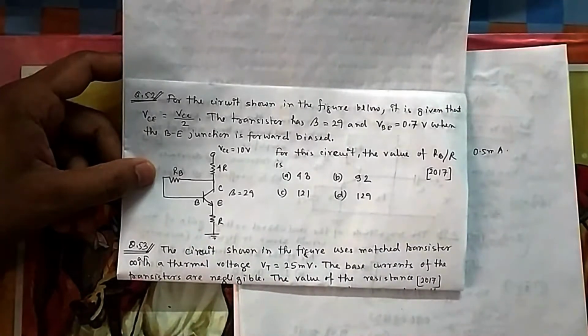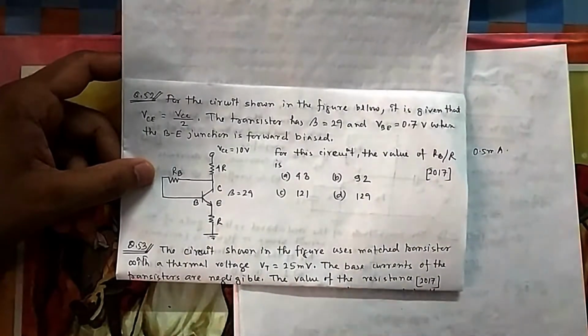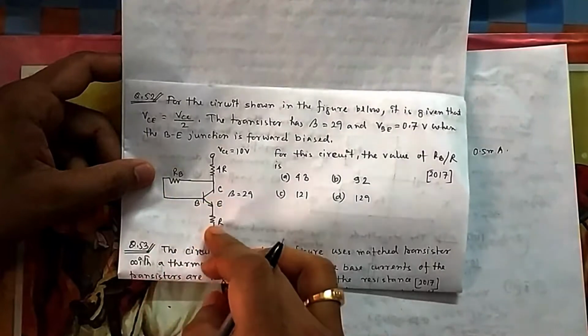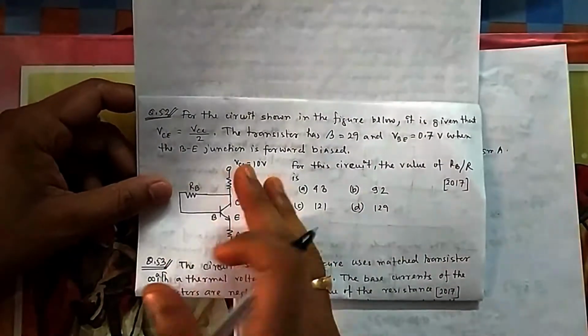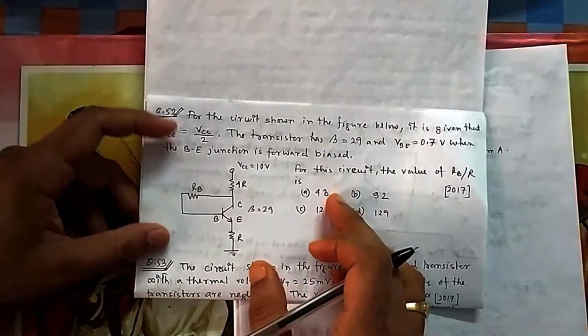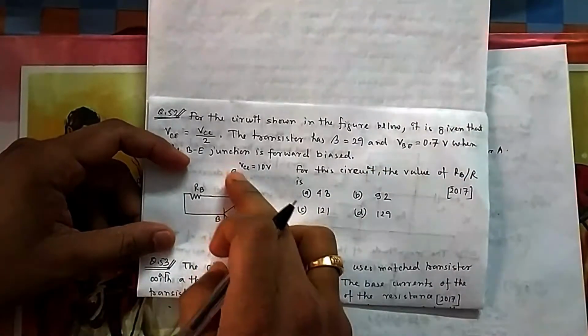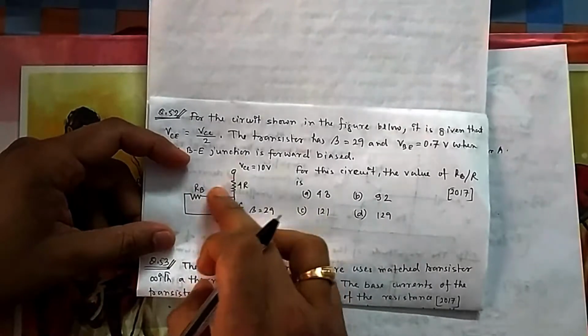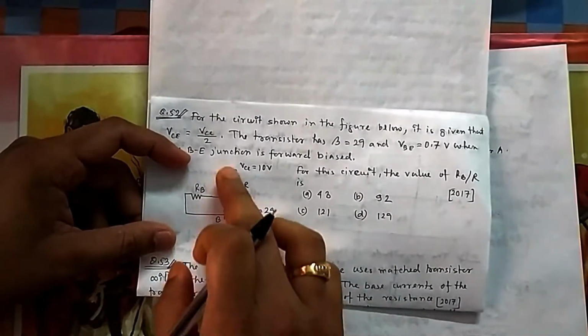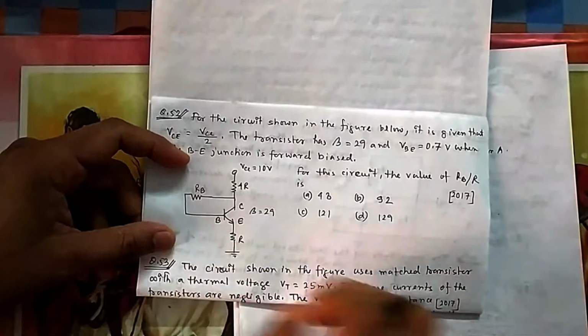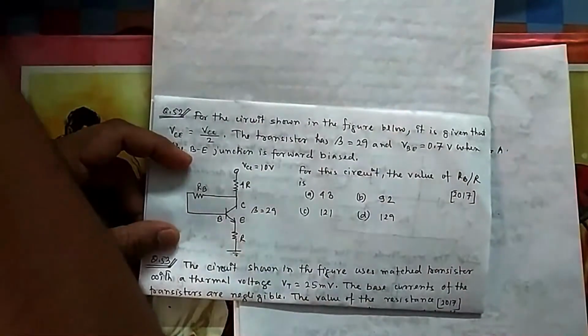So what you can do is take a KVL along this path. I have to involve RB and R somehow, so that I can find an equation, because I have to find a relation between RB and R. If I move along this path, I can easily take the KVL. What will be the current here? This is the base current, no issue.